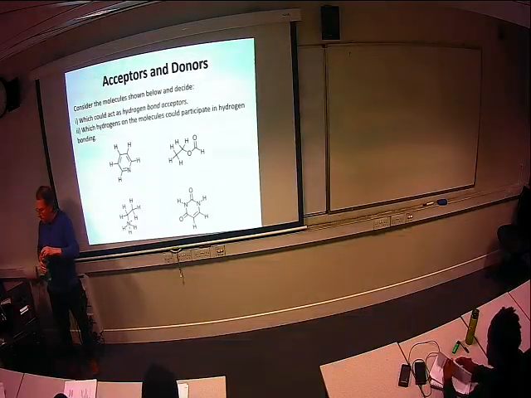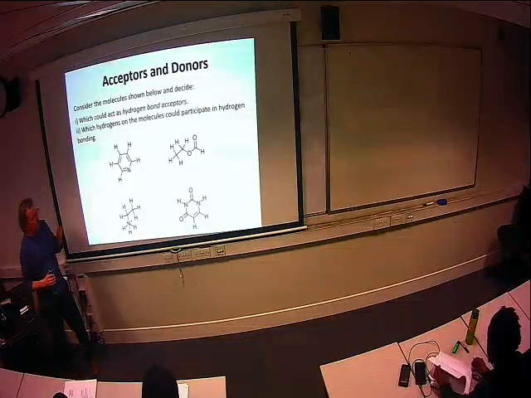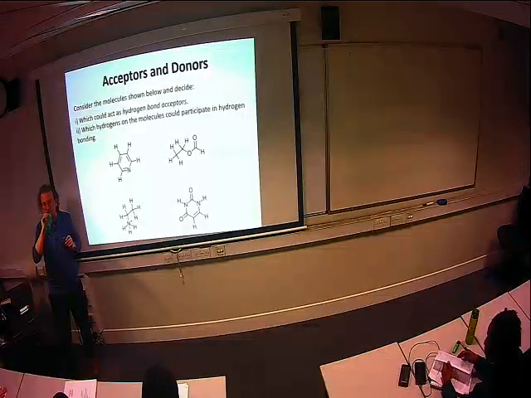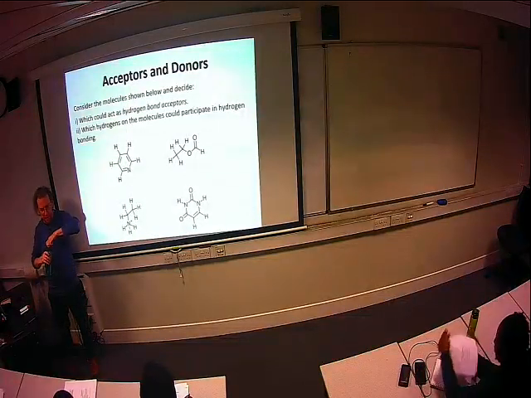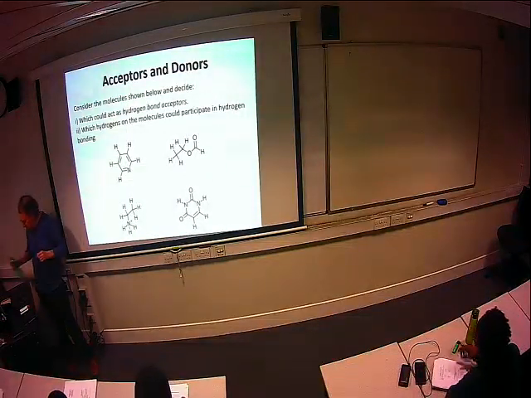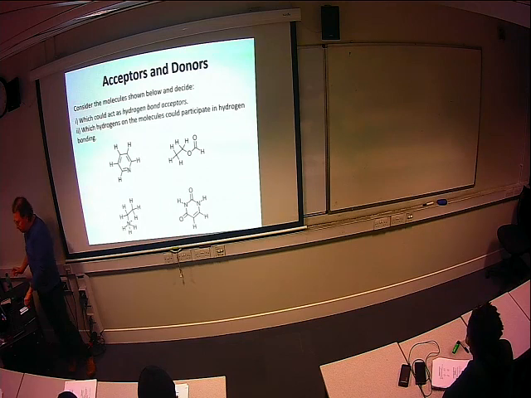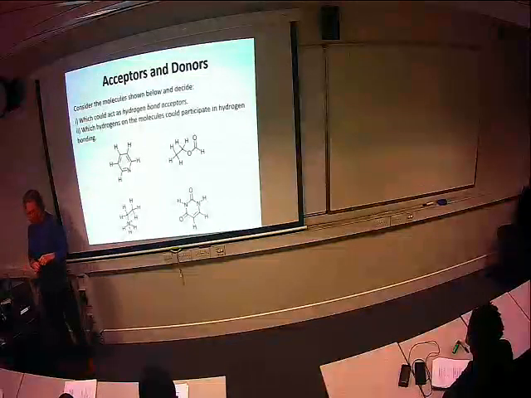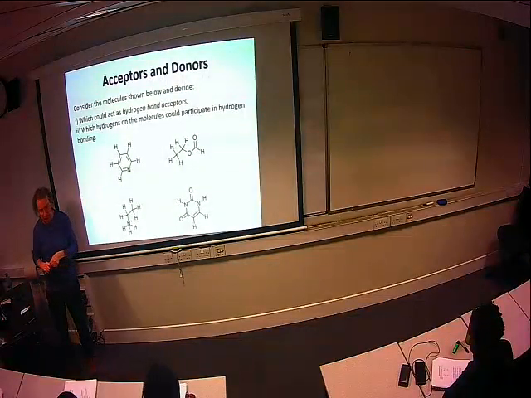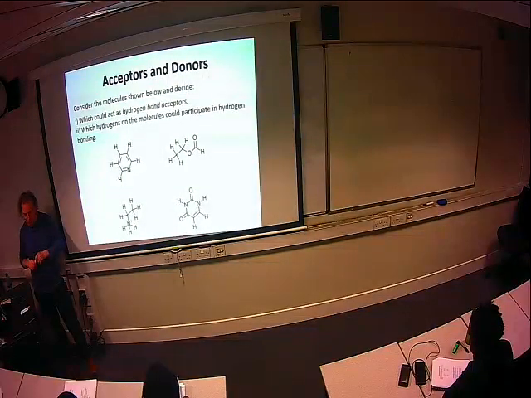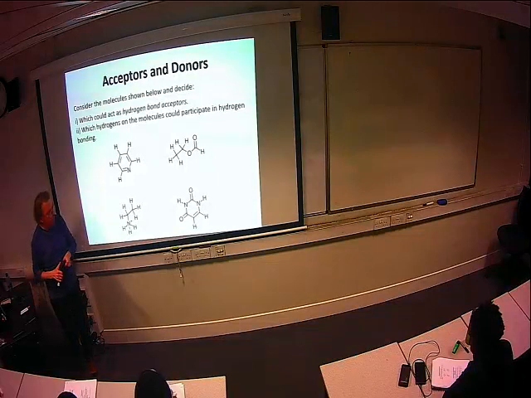Okay, so trying to make things a little bit more interactive at this point. We've got some more examples of molecules here. And I just want you to think about which of these molecules could act as an acceptor for a hydrogen bond.